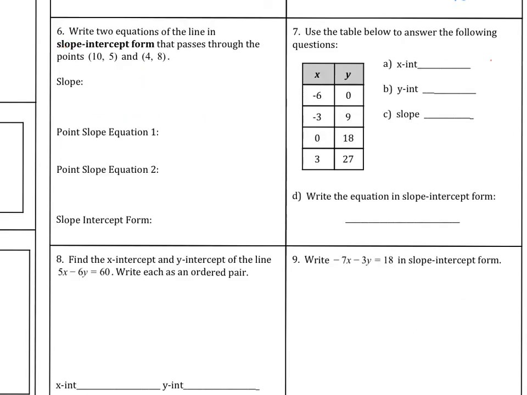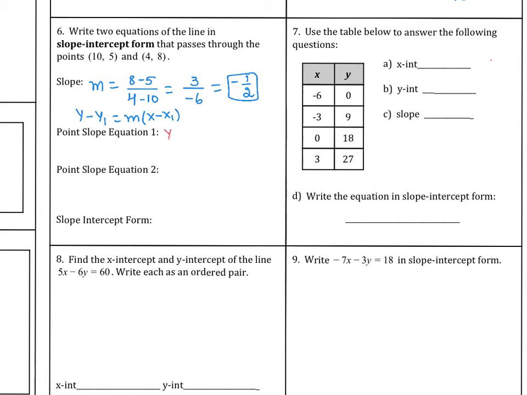Question number 6. Write two equations of the line in slope-intercept form that passes through the points 10, 5 and 4, 8. The first thing you want to do is find the slope using y2 minus y1 divided by x2 minus x1. You're going to get 3 over negative 6, so it's negative 1 over 2. The formula I'm choosing is y minus y1 equals m times x minus x1.